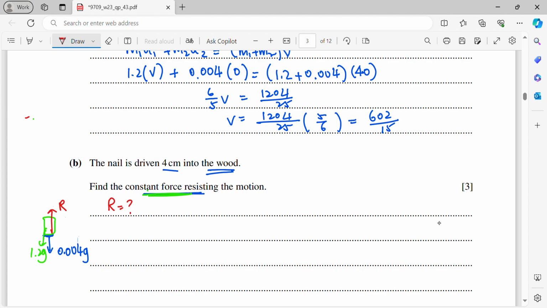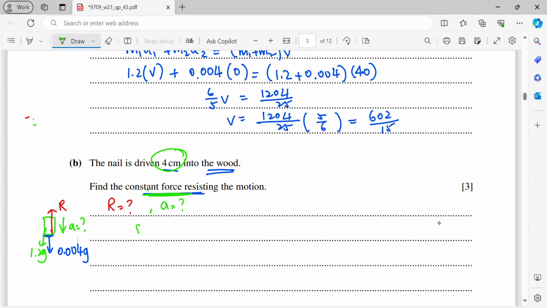We know that the hammerhead is moving down, but we do not know the a. So before you get the R, we need to get the a first. For the a, I need to make use of this 4 centimeters. That is the s.